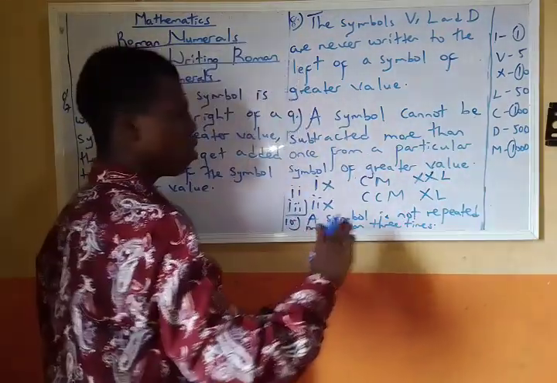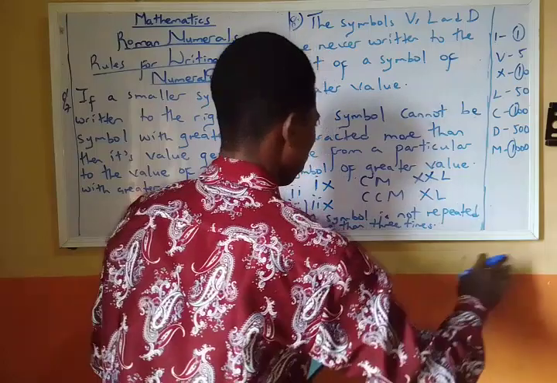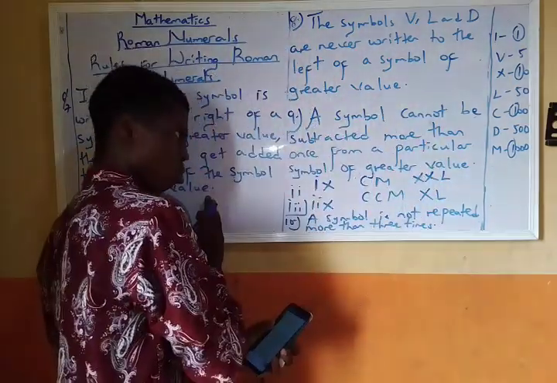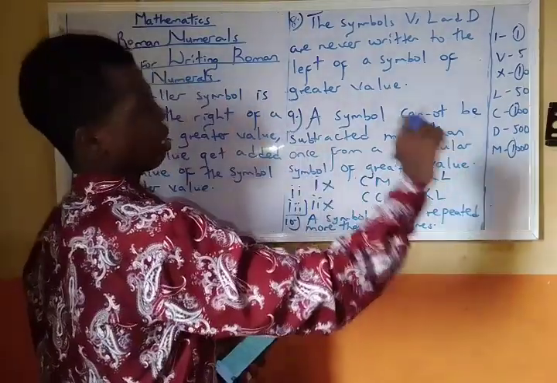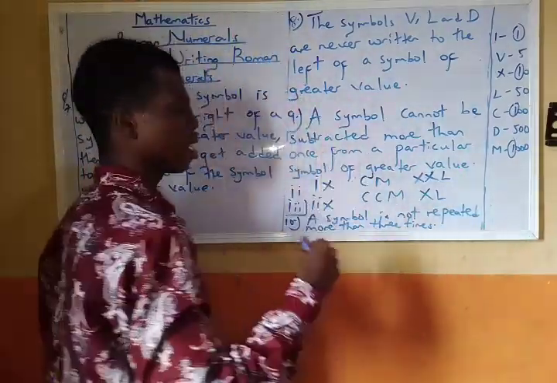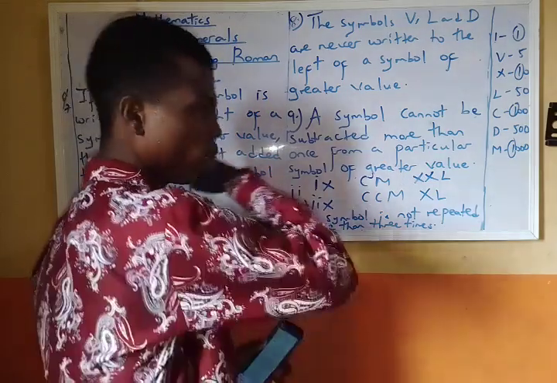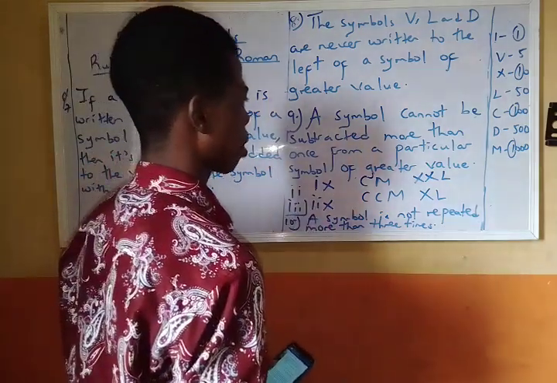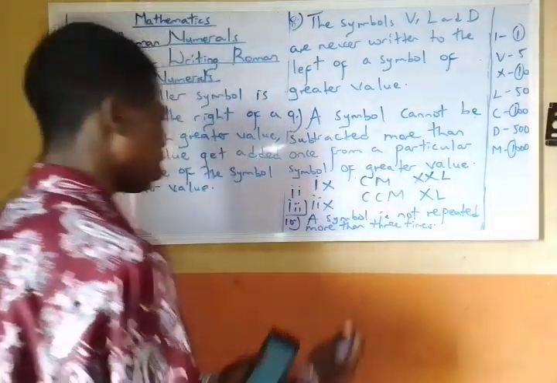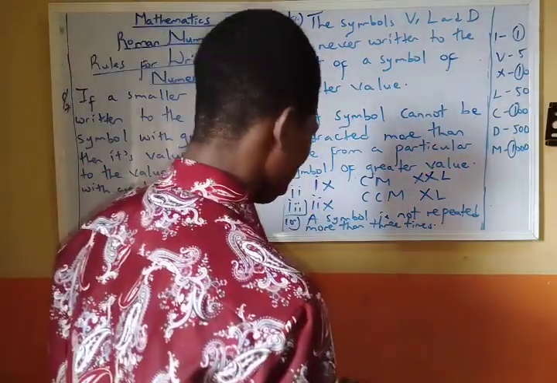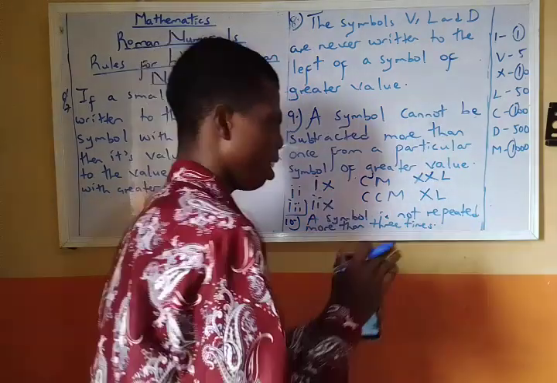That means a symbol is not repeated more than 3 times. However, a symbol cannot be subtracted more than once. It's just once you can subtract. We can still add up to 3 times. After the 3rd one, no addition again. Are we together now? But when you want to subtract, you can only subtract once. I hope I'm making sense now. Please understand this.